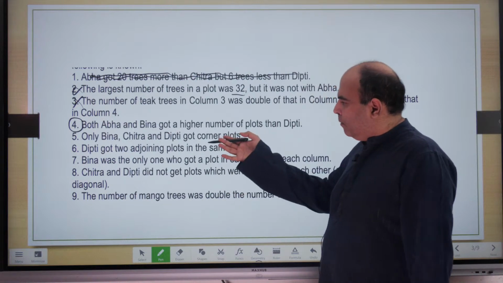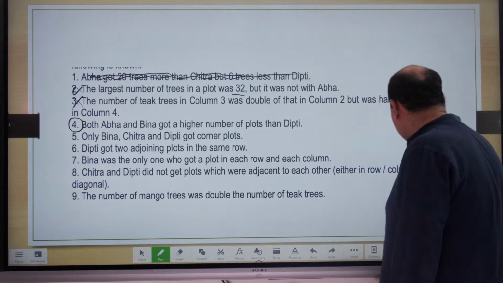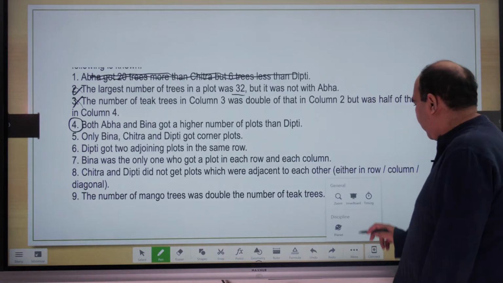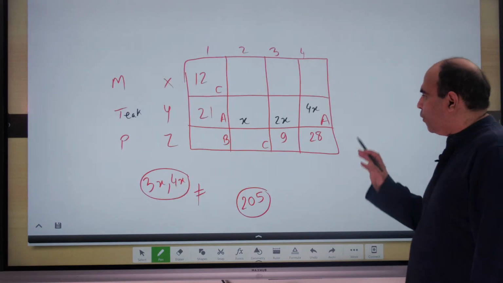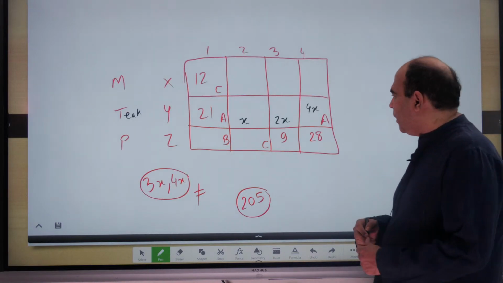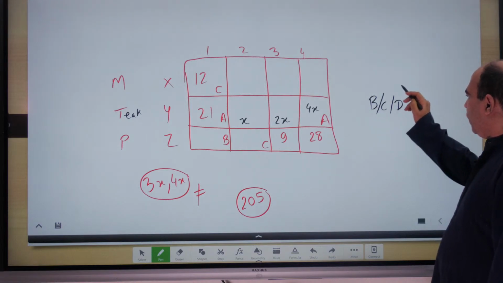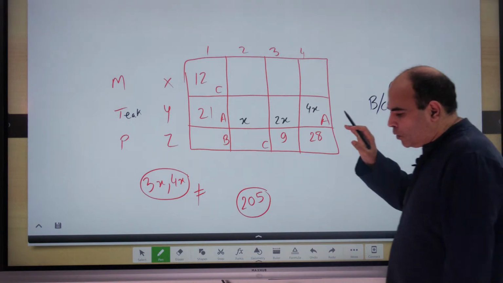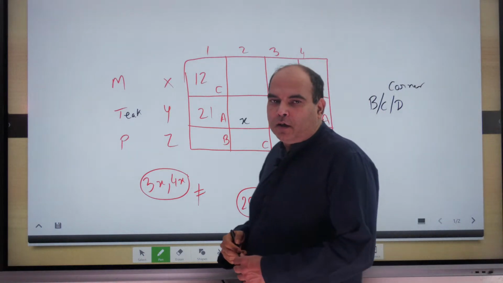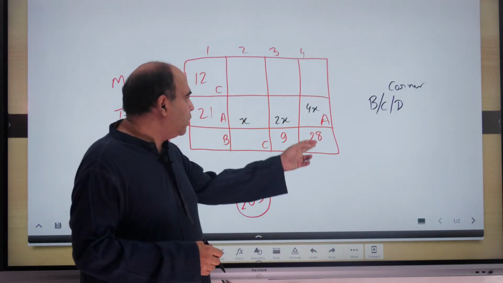The next clue: only Beena, Chitra and Deepti got corner plots. With this reaction that I already have, the corner plots are only going to Beena, Chitra or Deepti. I already know that Chitra's 2 plots I have already identified, so Chitra can't go into the corner plots.